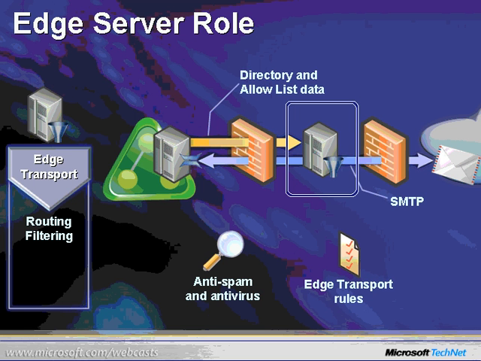This one that I just outlined, that's your Edge transport, the one sitting inside the DMZ. And this server here on the left is my hub transport server. If I configure an EdgeSync communication channel, I can sync one way out to the Edge transport my recipient information, which is stored in ADAM on the Edge transport, as well as my safe sender list.